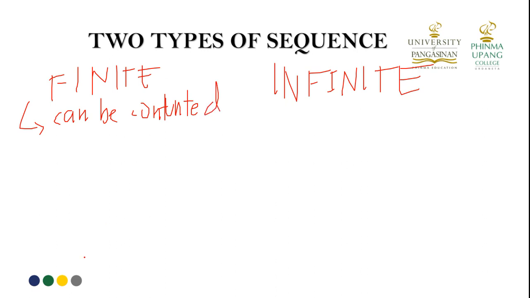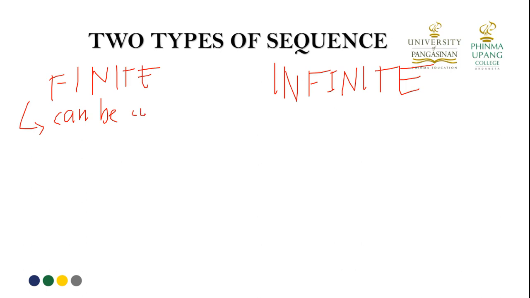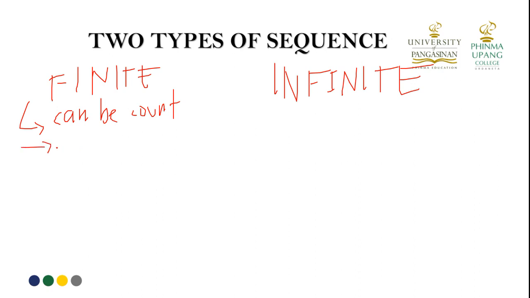Exactly. Wait lang, yung spelling. This is can be counted, or countable, no? So, there's a limit. There's a limit when it comes to finite.